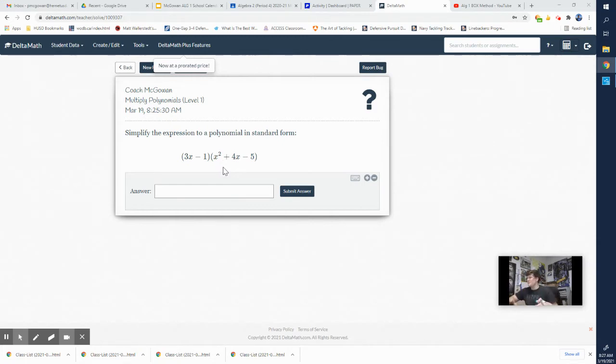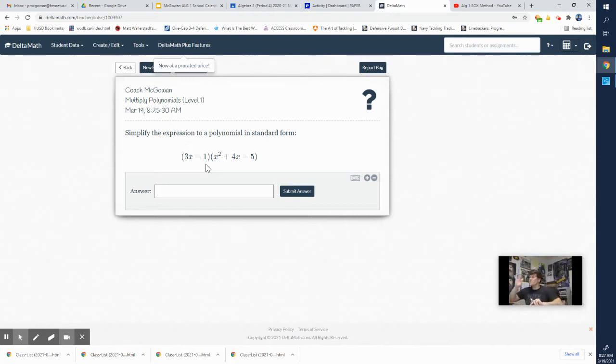I like setting up my box with the smaller terms on the side as the rows and the longer terms on top. So I'm going to set up my box like this. 3x minus 1 and then x squared plus 4x minus 5. Now, after each term, we need a line that goes either across or straight down.